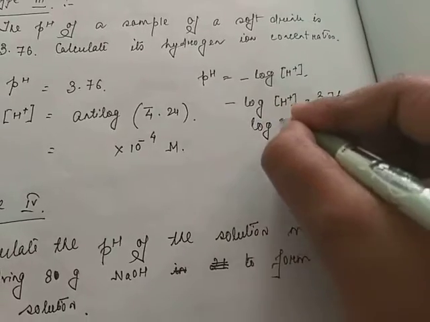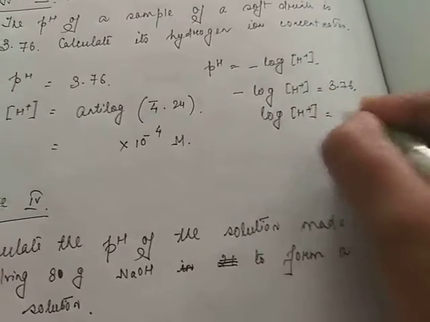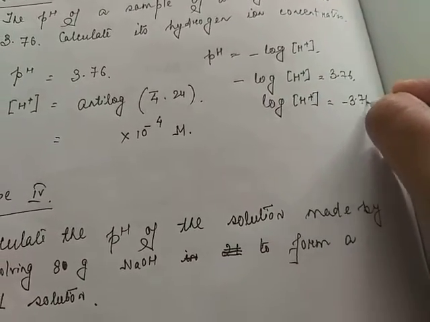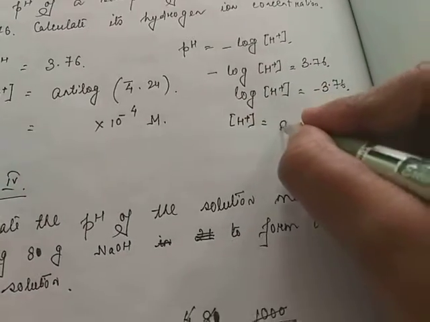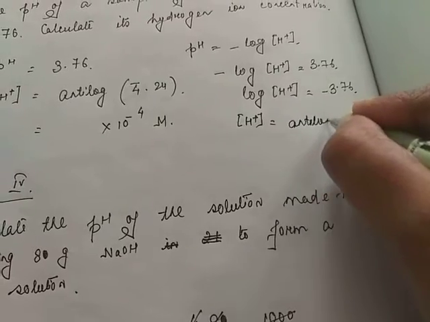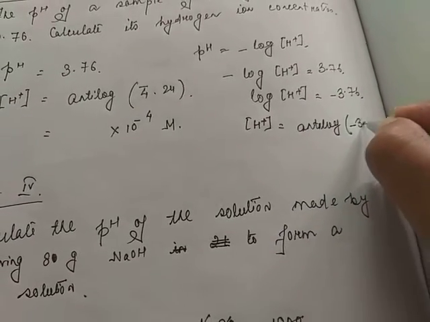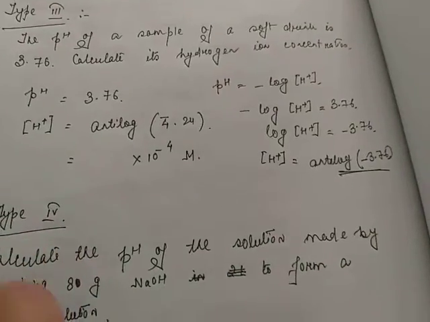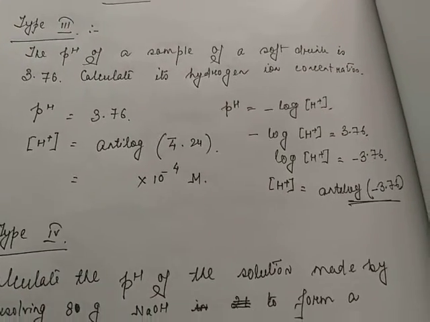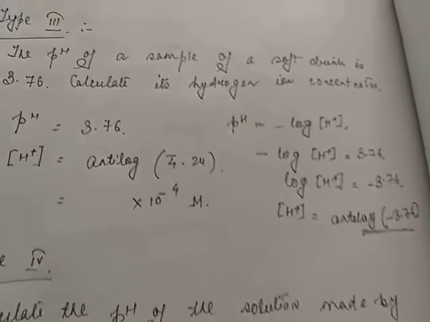Log H plus is equal to minus 3.76, or the concentration of H plus is equal to the antilog of minus 3.76.